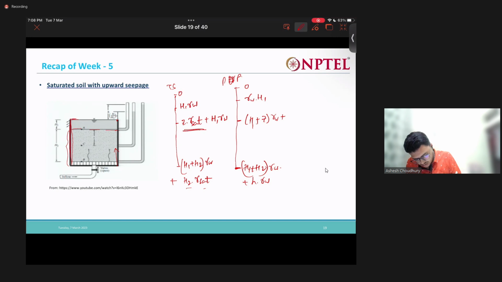So plus h by H2 into Z into gamma W. I guess this one will be i. So it is nothing but H1 plus Z into gamma W plus iZ gamma W.